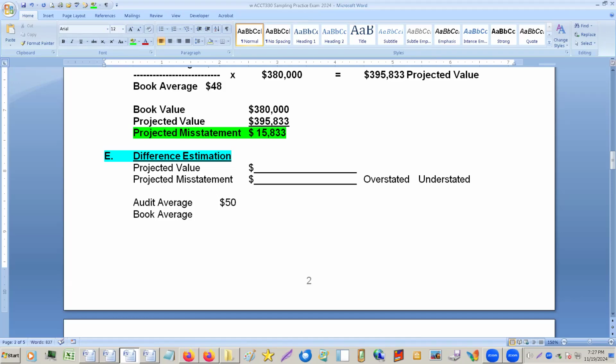Our book average is 48. And so this is our difference, it's $2. And is that an overstatement or understatement? We're saying that everything should be 50. They have everything at 48.